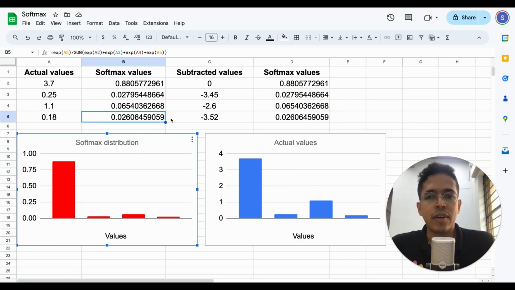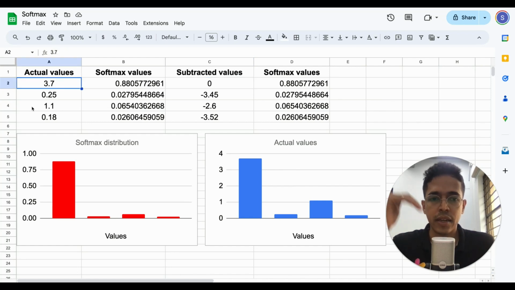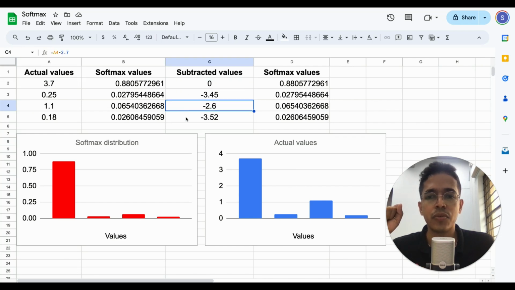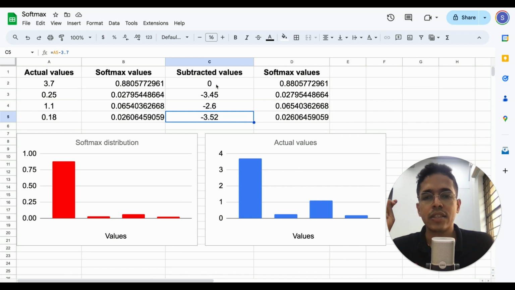Now let's check one thing. Here 3.7 is the biggest number among these four, right? So I subtracted 3.7 from each of those four numbers. So 3.7 minus 3.7 is 0, 0.25 minus 3.7 is this, 1.1 minus 3.7 is this, etc. Now if we calculate the Softmax for these four numbers, these are those values.